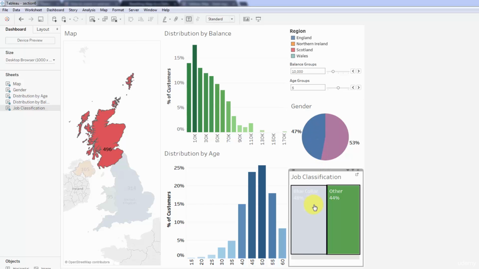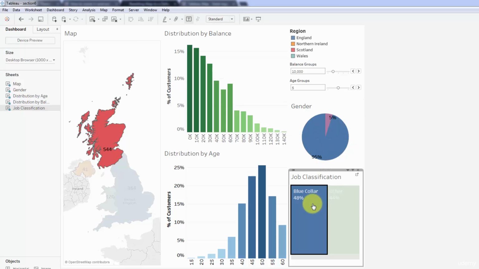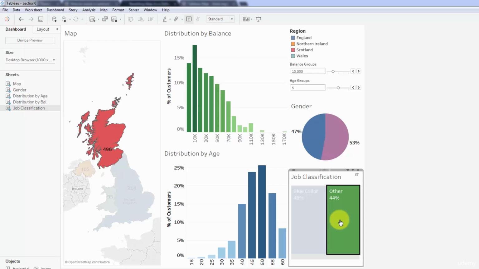So if you want to expand the bank's customer base in Scotland in the blue collar worker space, you should be targeting males in their late 40s, early 50s. On the other hand, if you want to target other kinds of professions, you should still take into consideration that there is a large female representation even in this region, where overall there is predominantly a male representation.